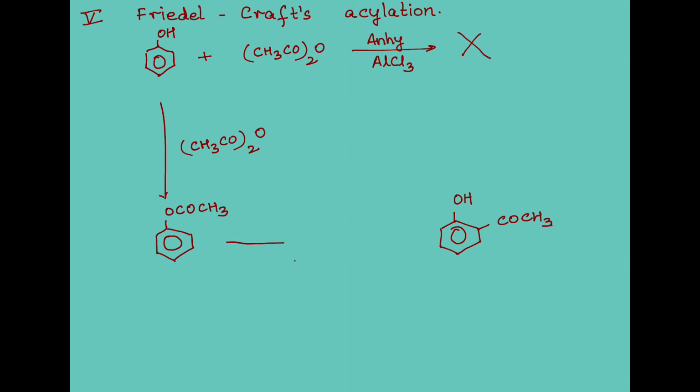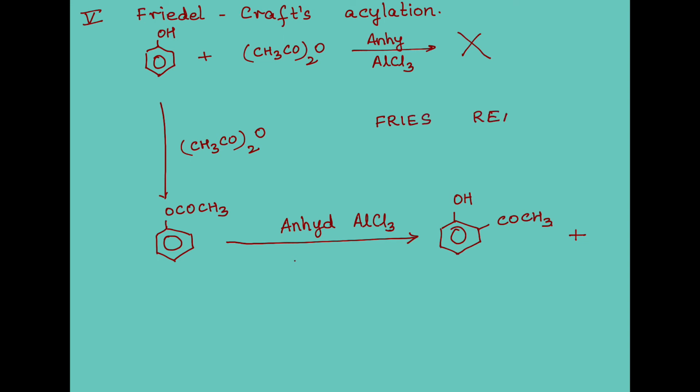Okay, Fries gave us a very interesting way out, and he said you heat it with anhydrous AlCl3. And so oxygen is happy to let go of the COCH3 group, and this is now called the Fries rearrangement.